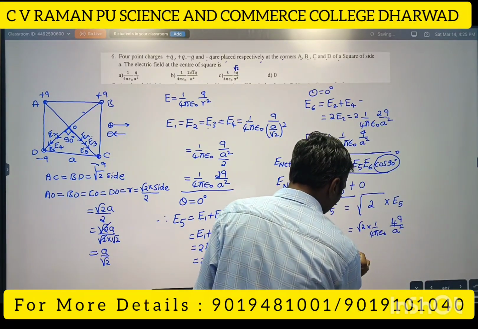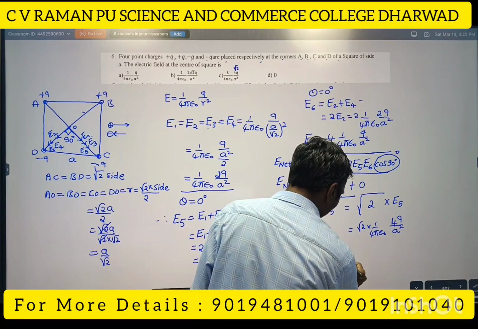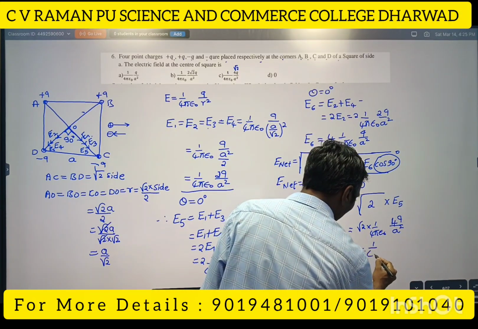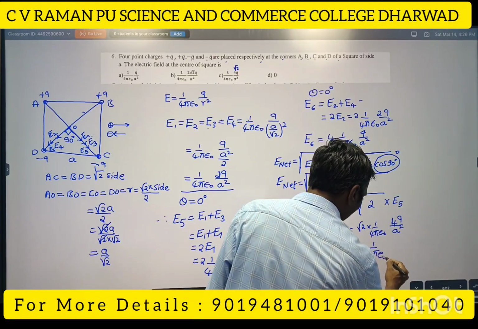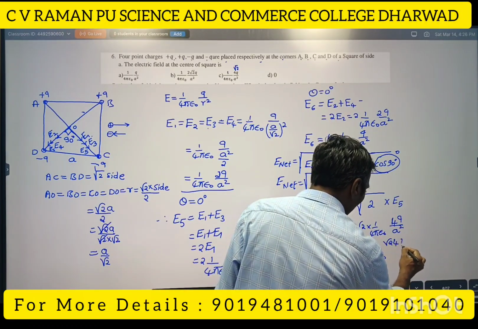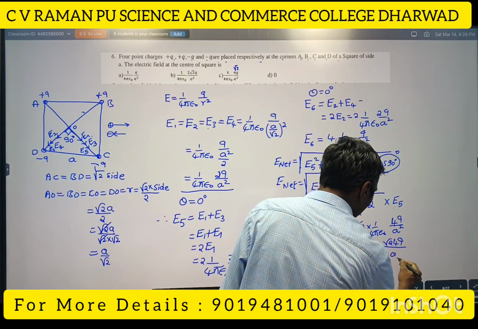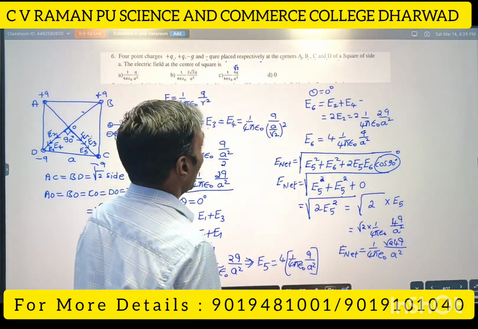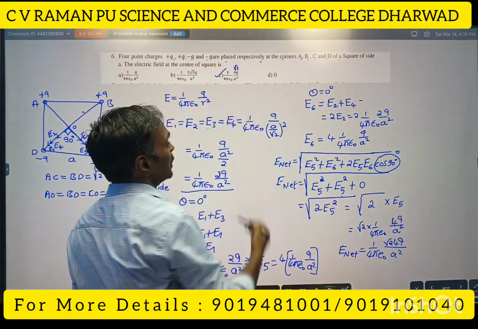So I write the net electric field as 1 upon 4 pi epsilon naught root 2 into 4q divided by a square. Now see which option is correct. Option C is the correct answer.